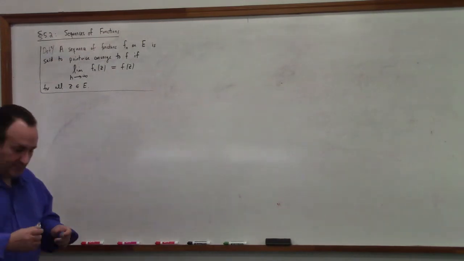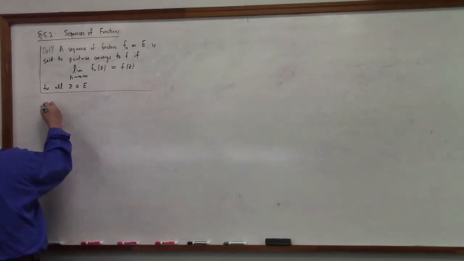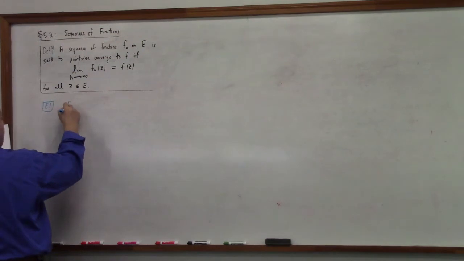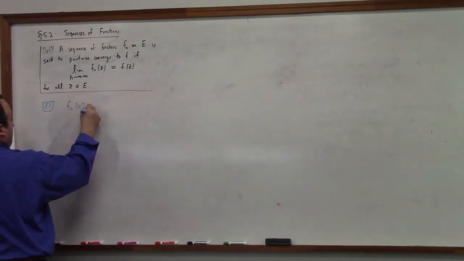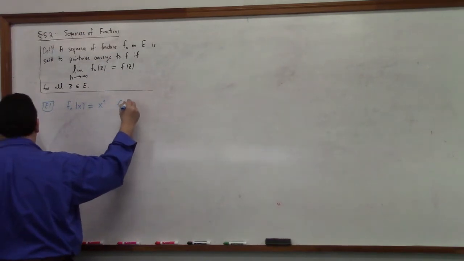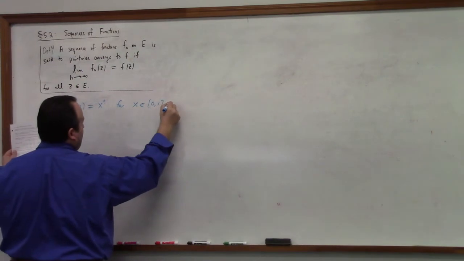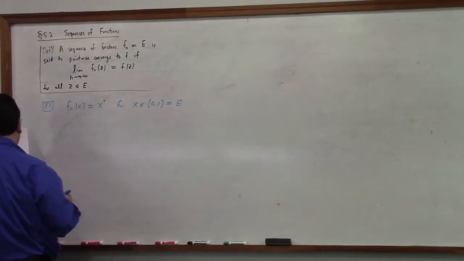Here we go, example 1. Here I have Fn of x equals x to the power n for x an element of [0, 1]. So I'm thinking of [0, 1] as being the E here, all right?